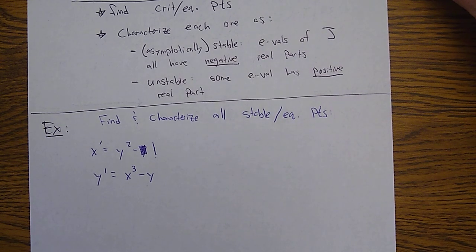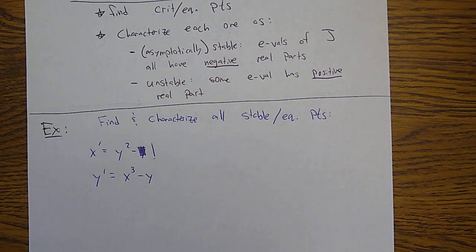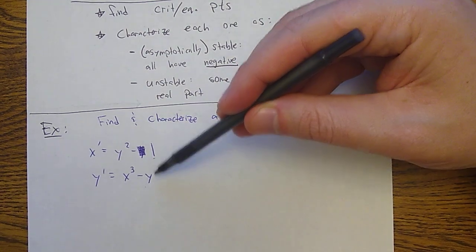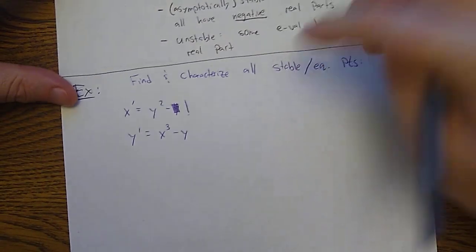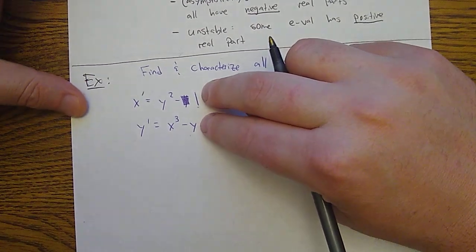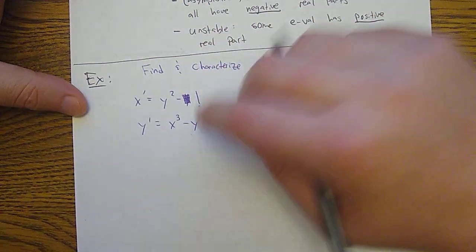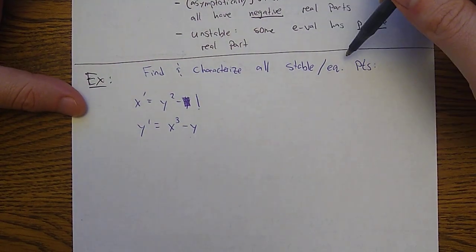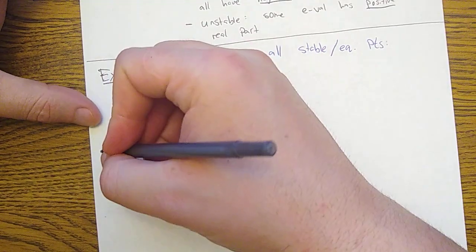So, yeah, I like these problems because it sort of showcases a lot of skills. The first thing you have to do, of course, is find the equilibrium points. So I'm just going to start working on this example. We have this nonlinear system, and the instruction is to find and characterize all stable or equilibrium points.